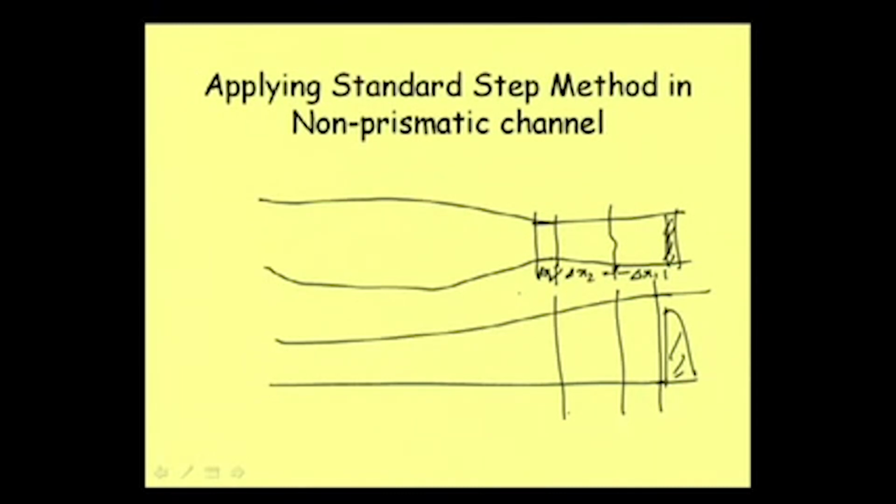Although we use a factor k for computing eddy loss, it is still better to make a smaller section when it is significantly expanding, so that the assumptions we had for a prismatic channel can be valid for this part.